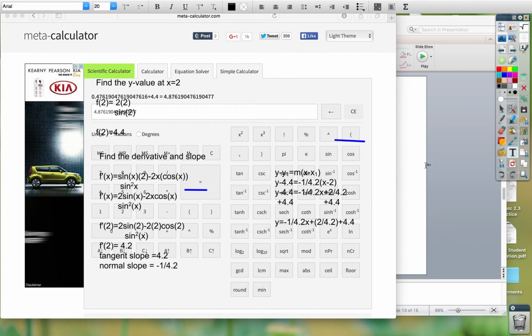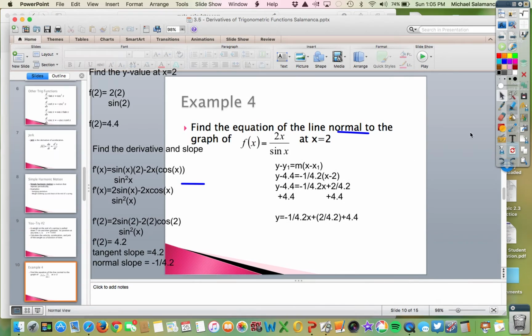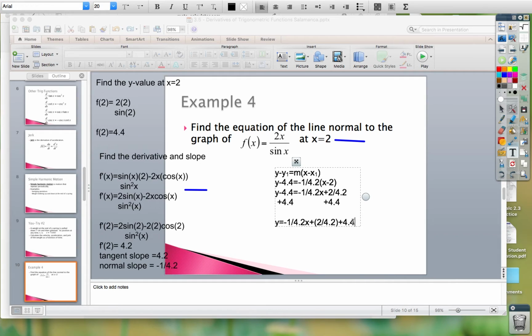So 4.876 is what we're looking at. So the equation of the normal line is y equals negative 1 divided by 4.2 x plus 4.876.